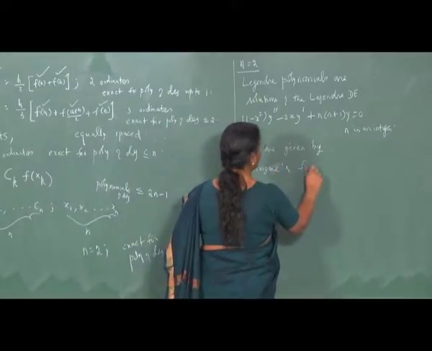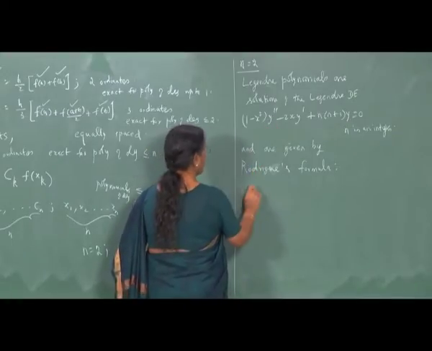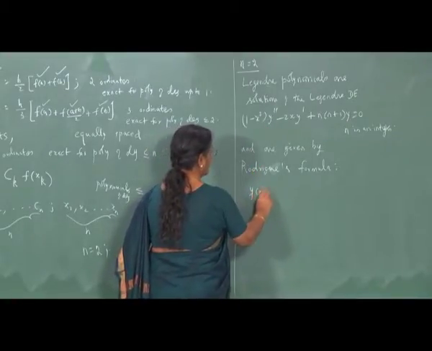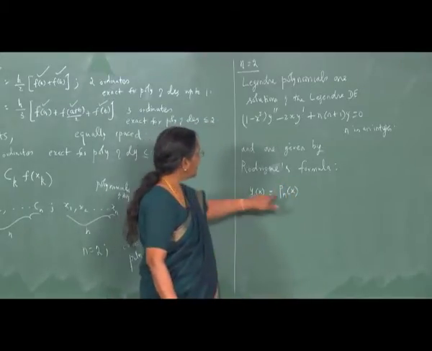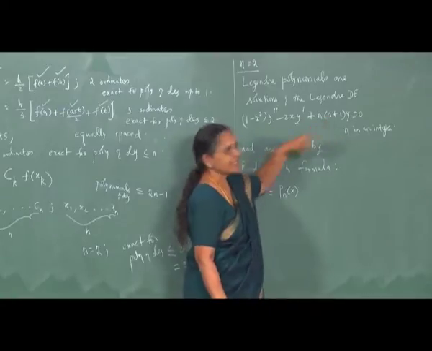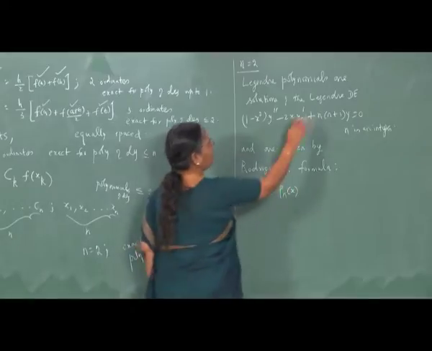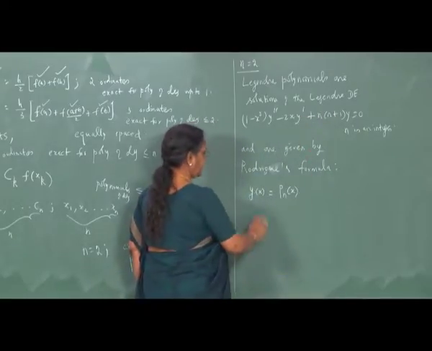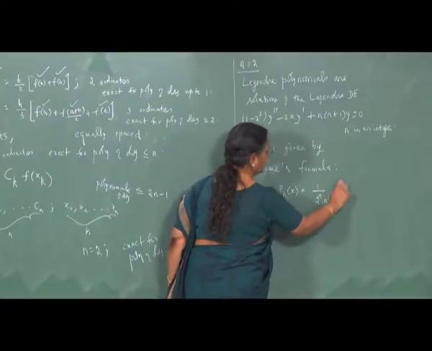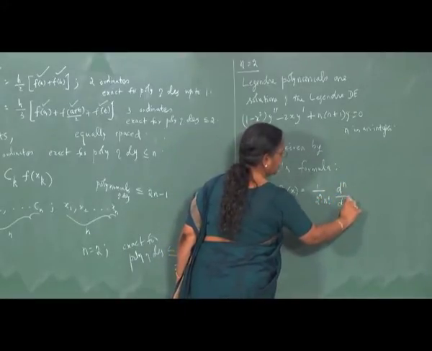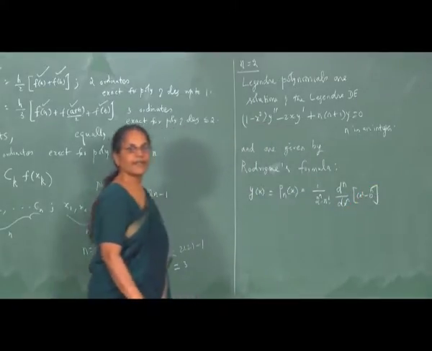So, the Rodrigues formula tells you that the solution of this equation y of x, which is a Legendre polynomial of degree n, when n appears in the differential equation in the form n into n plus 1, is given by 1 by 2 power n into n factorial into the nth derivative of x square minus 1 to the power of n.